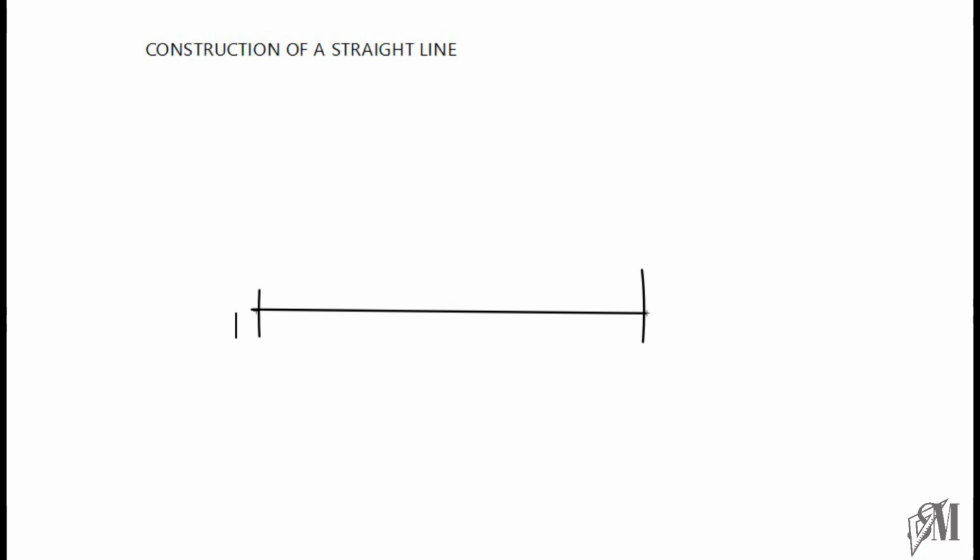Then I am going to name it as AB, where the line segment AB is of 15 centimeters. If needed, you can also mark the length on the line segment like this. So this is how we construct a straight line segment, and then let's see about perpendiculars.